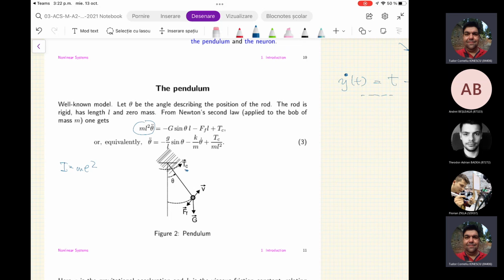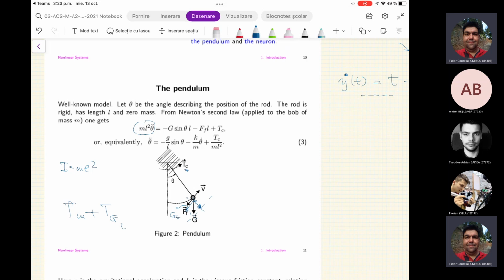So the equilibrium of torques: the torque of the movement, let's call it Tm, plus the torque of the gravity. Look at the gravity: you decompose the gravity force into tangential gravity and normal gravity, where Gt is the tangential gravity.